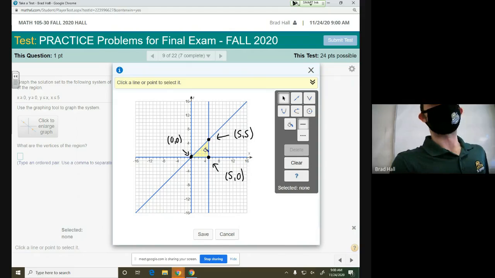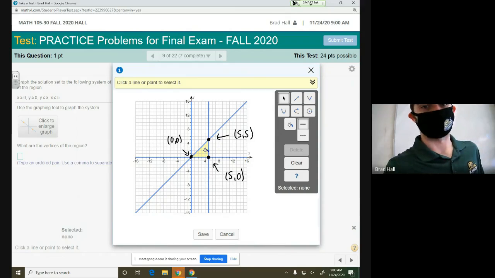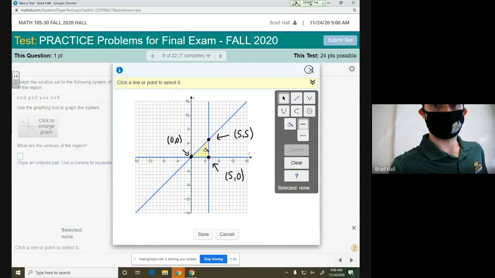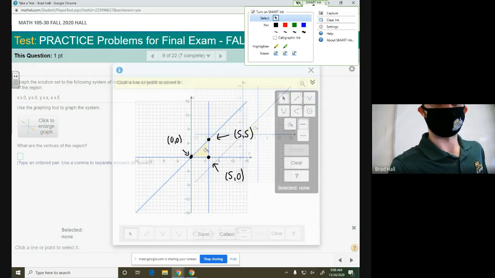Those are the 3 ordered pairs for the vertices that correspond to the shaded region. So let's go ahead and type that in.